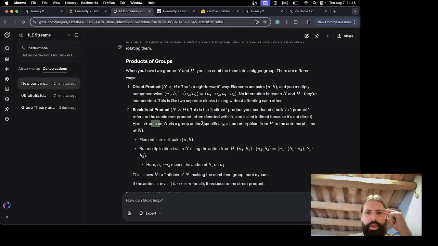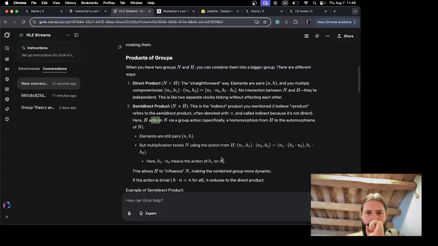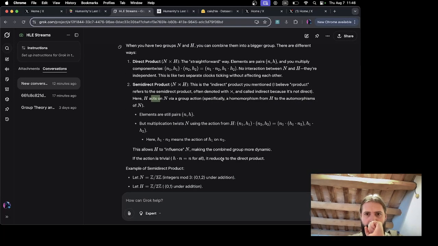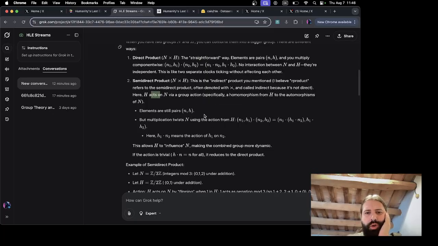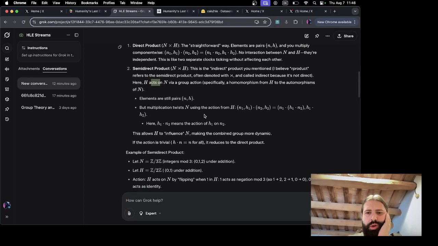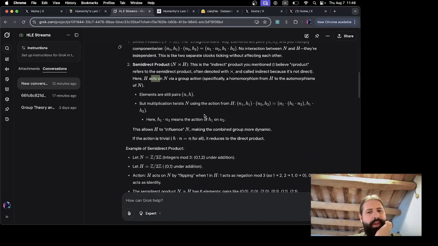The action is just a way to define multiplication that twists N using the action from H. More dynamic.